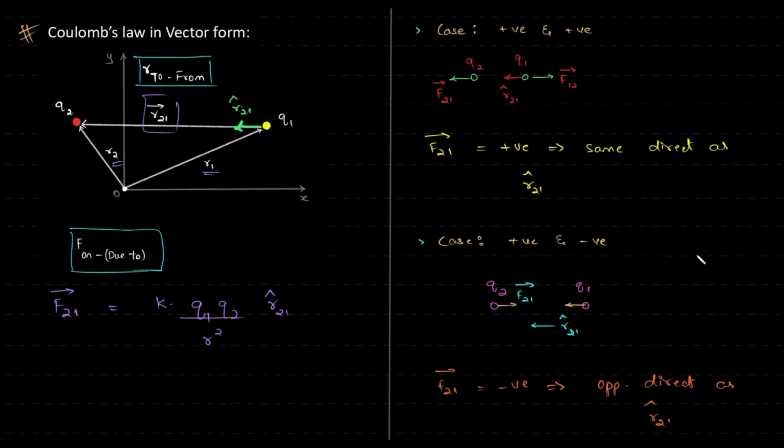And yes, we need to understand the vectorial representation of any force. So in this case, it's quite simple. Whatever the direction the unit vector is, if it's in the same direction, then it's repulsive. If not, it's attractive. And the formula takes care by showing that the result is positive if they are repelling, negative if they're attracting. And the sequence in which we have to write, that's pretty important.